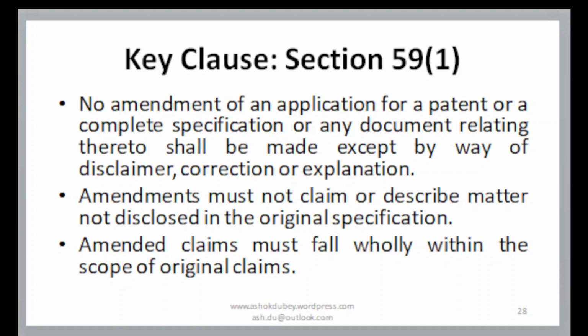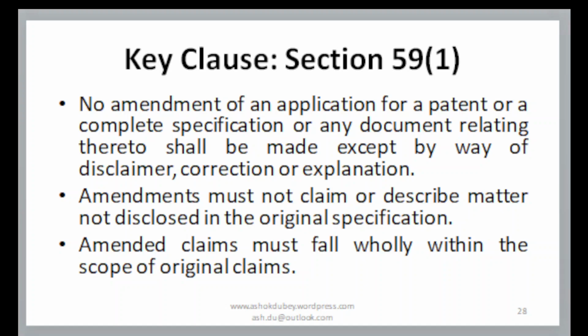Let us compare section 59 and article 123 of the European Patent Convention. There are certain similarities in these two. If you have the left hand side and right hand side comparing both the statutes, or the provisions of different statutes governing the patent system internationally, you find the similarities.